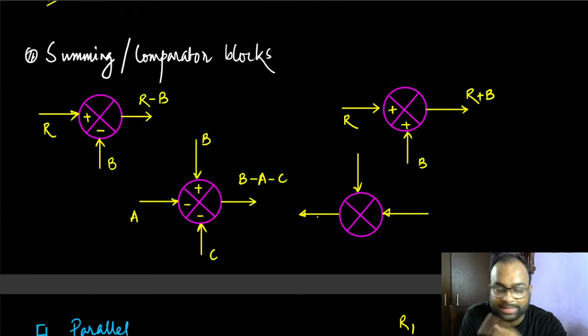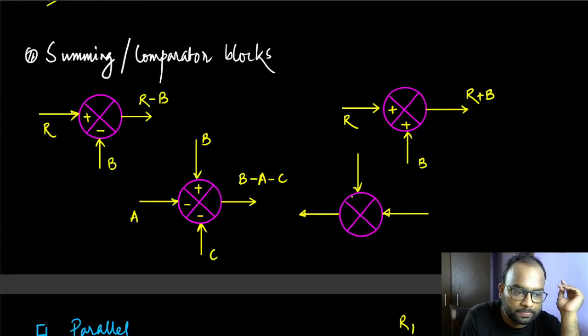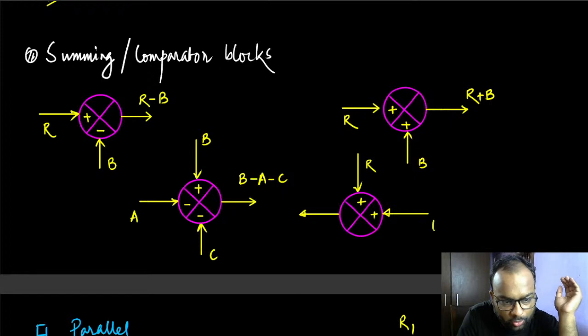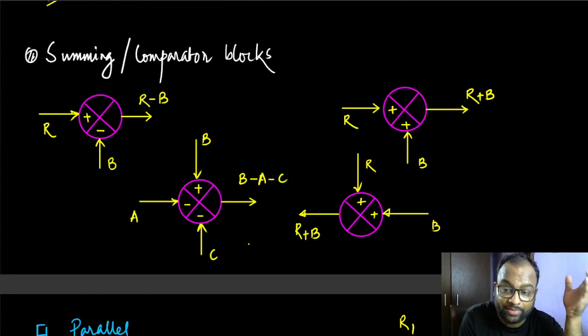Just keep in mind that there can be only one output out of a summing block or a comparator block. So for example, it could be plus, plus. This signal could be R, this signal could be B, so I have R plus B.